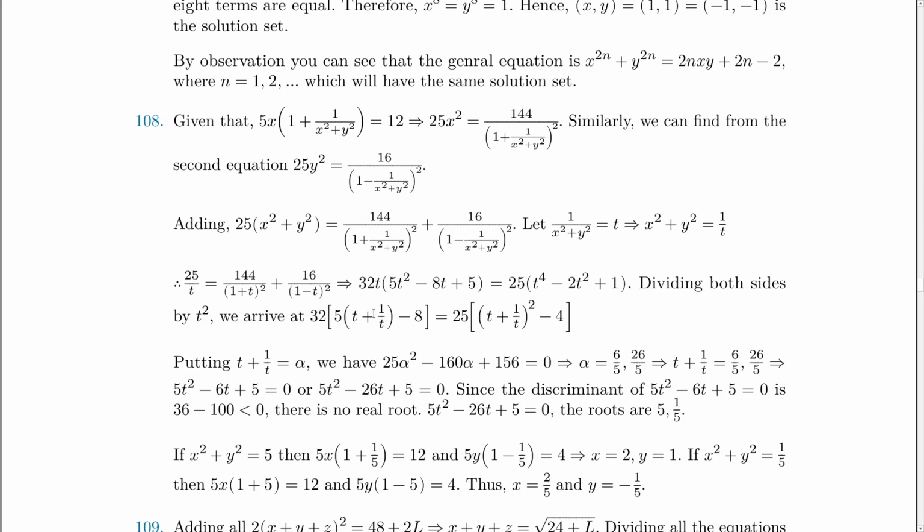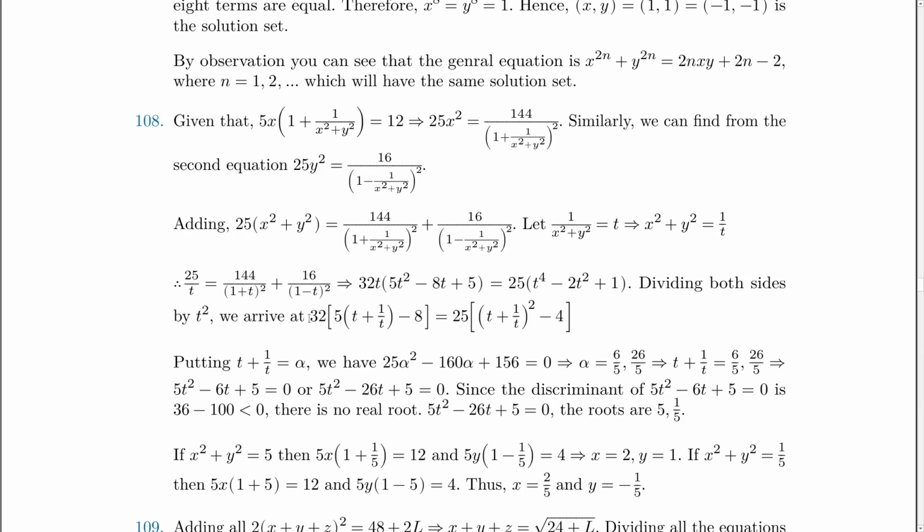This should be 5 into 10 minus 8. It would be 10, 5t minus t square. Okay, this is correct. This should be square, I believe, because no, this is not square. This is t plus 1 by t. This is correct, and this is fine.